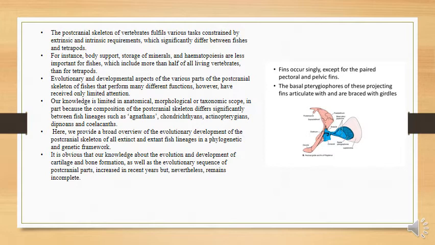It is obvious that our knowledge about the evolution and development of the cartilage and bone formation, as well as the evolutionary sequence of postcranial parts, increased in recent years but nevertheless remains incomplete.